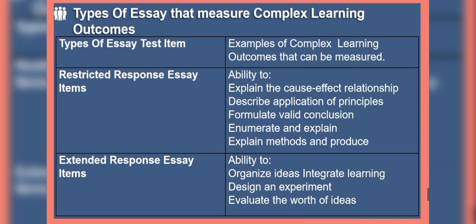It has a format that the teacher or instructor should be followed by his or her students. And the extended response essay items measure the ability to organize ideas, integrate learning, design experiments, and evaluate the worth of ideas.